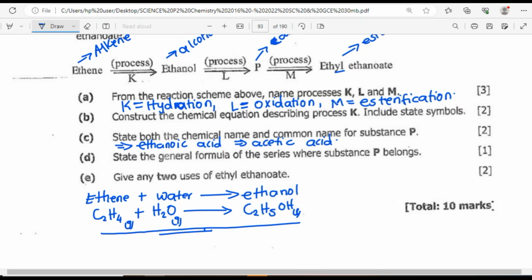Then state the general formula of the series where substance P belongs, CnH2nO2. Then state two uses of ethyl ethanoate. Esters are used to make perfumes because of the nice smell, also to make food flavoring, and also in drinks.